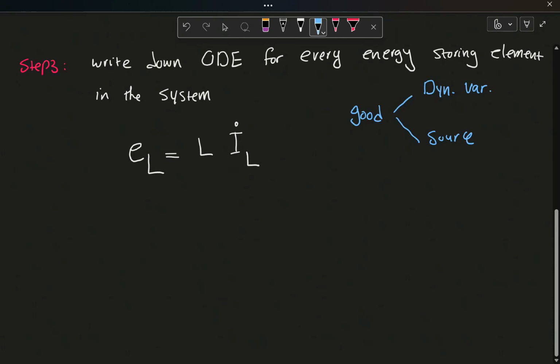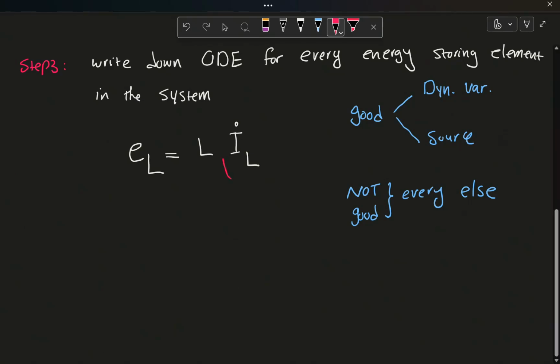Whatever is not your dynamic variable or not your source is not a good term. So the idea here is substituting all the not good terms in the equation with good terms. Everything else would be a not good term. So I'm going to pick a pen with the color red to label these terms.